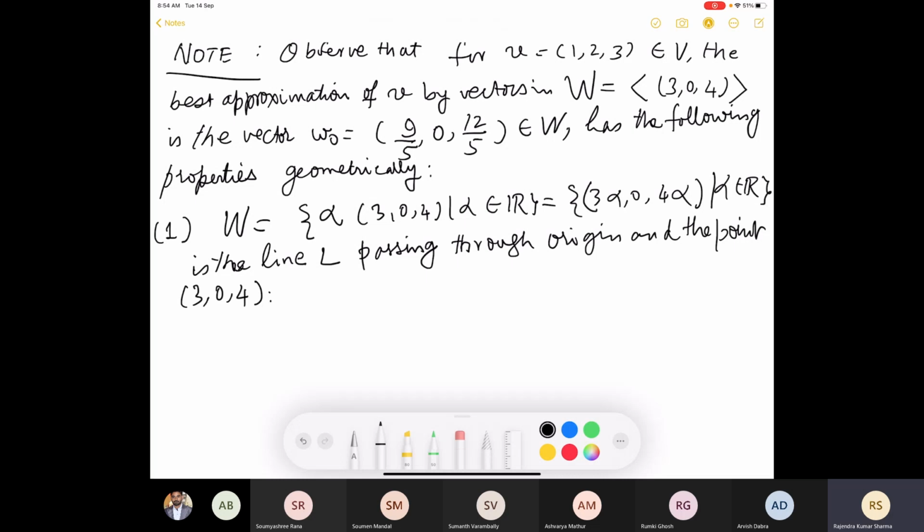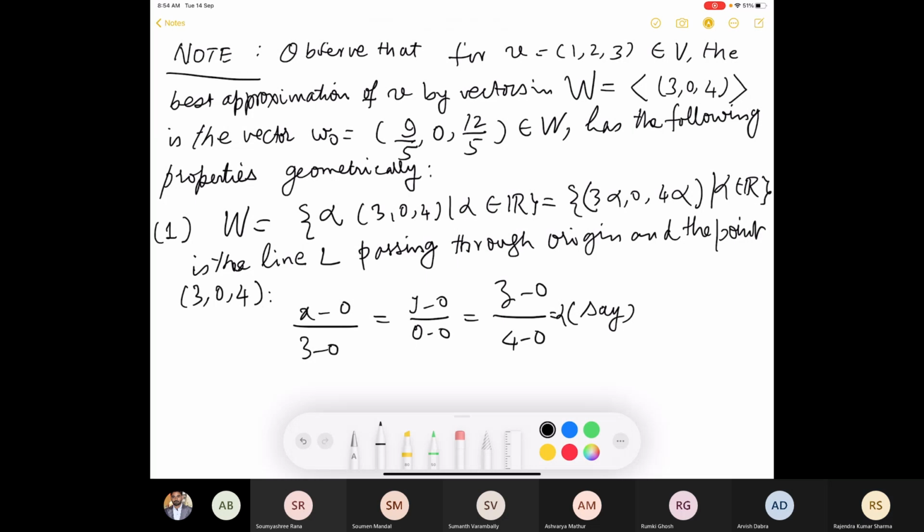So the equation is (x minus 0) divided by (3 minus 0), this is (y minus 0) divided by (0 minus 0), and (z minus 0) divided by (4 minus 0), and say this is alpha. So that makes x as 3 alpha, y as 0, z as 4 alpha. This is the equation of the line.